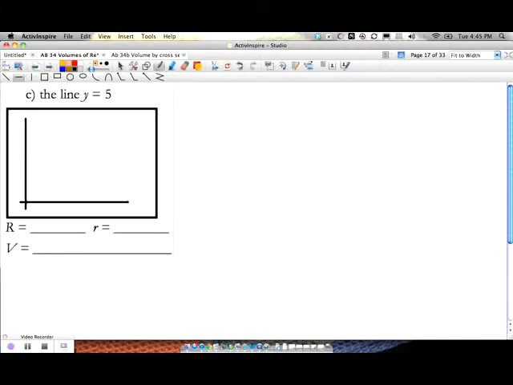So we're still working our way through. Now we're going to rotate around the line y equals 5. Still have the same curve, y equals x squared. And you know what? Let's go ahead and make that a little bit shorter. Because now that we're rotating around the line y equals 5, we're more up here for our rotation.